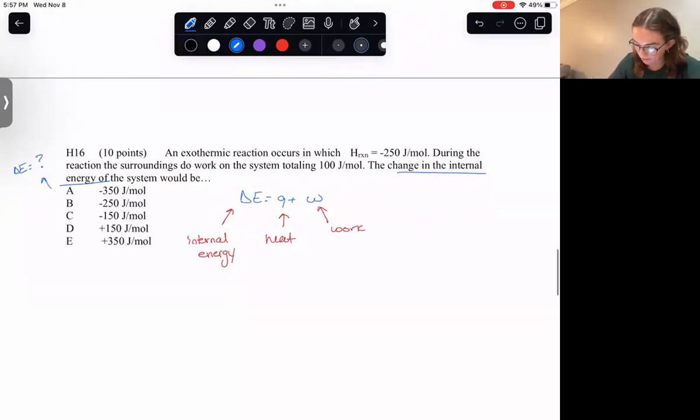Right. So we have delta E is what we're trying to find. Q is heat, but we're given delta H of the reaction is equal to negative 250 joules per mole. How does that help us? How does delta H of the reaction help us?